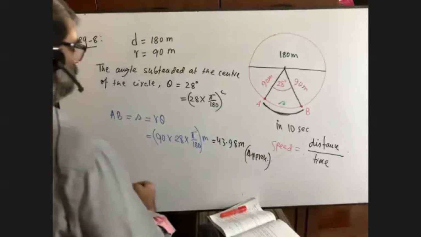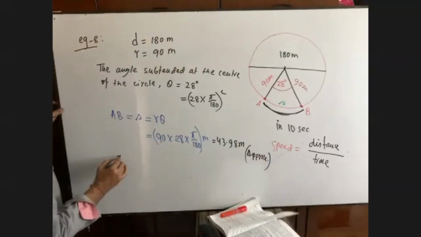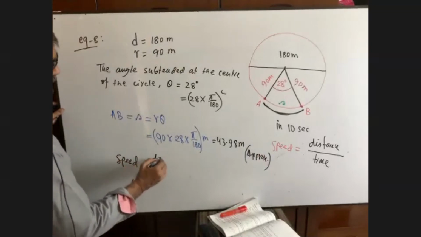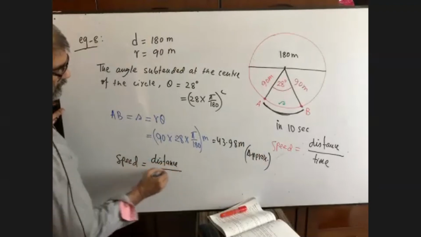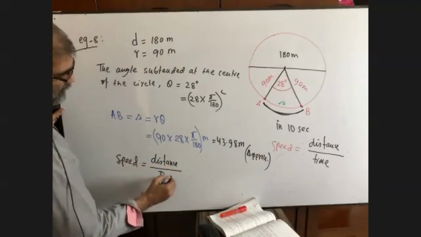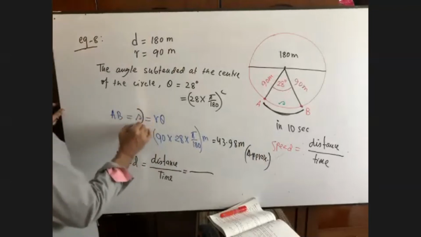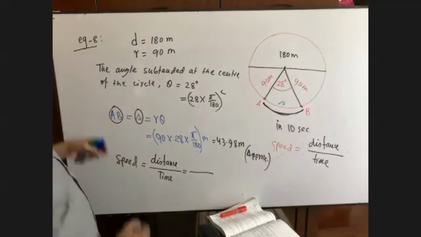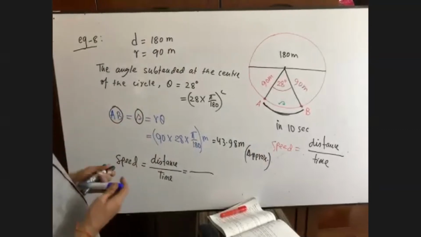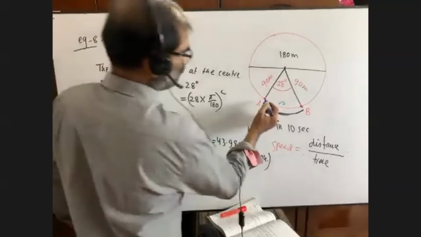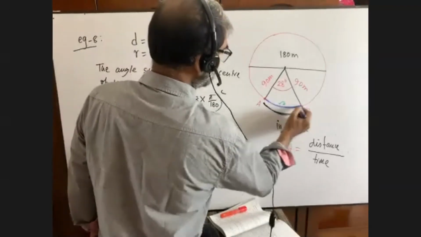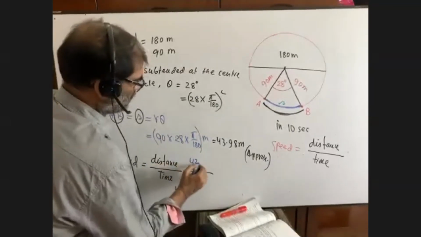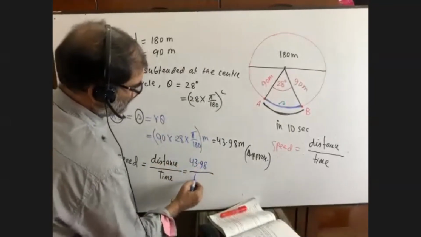Now, we should not forget what is to be found here. Speed equals distance by time. What is the distance here? This part that we have found is the distance, 43.98. 43.98 by 10 seconds.